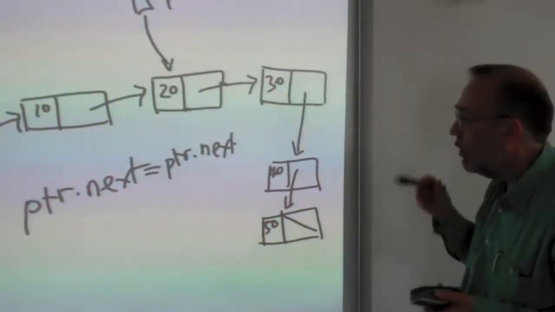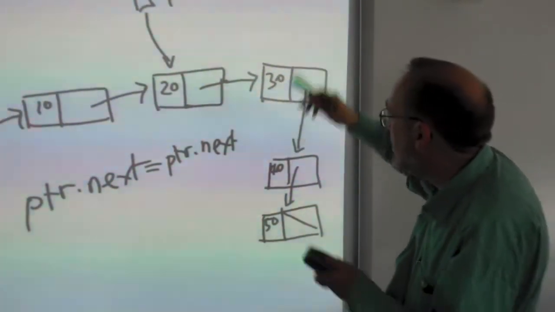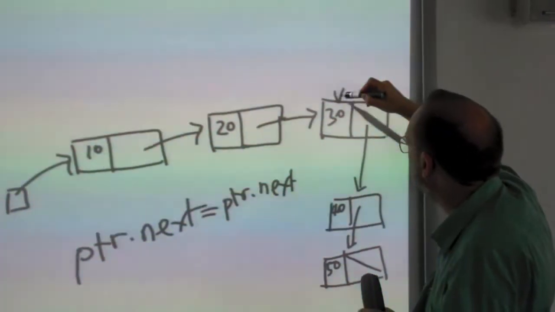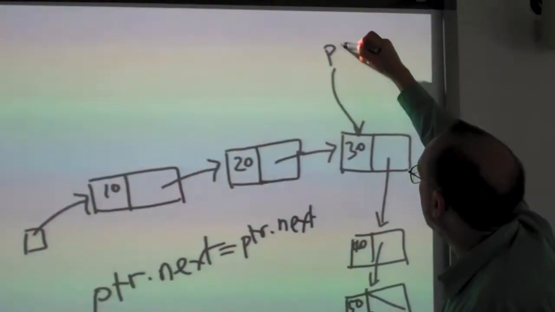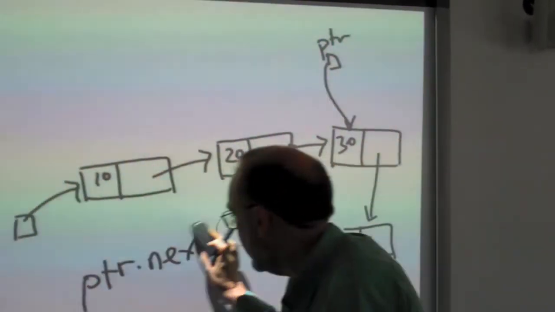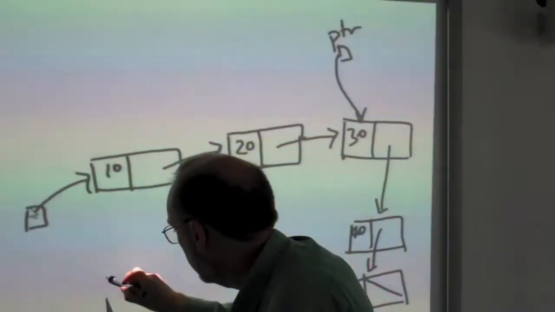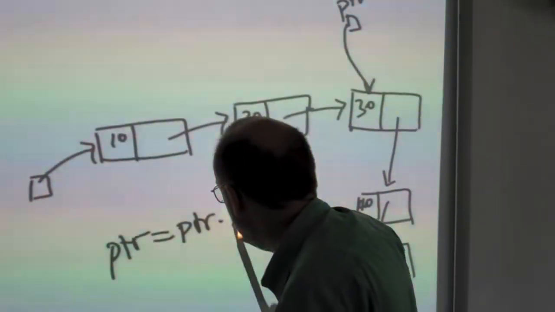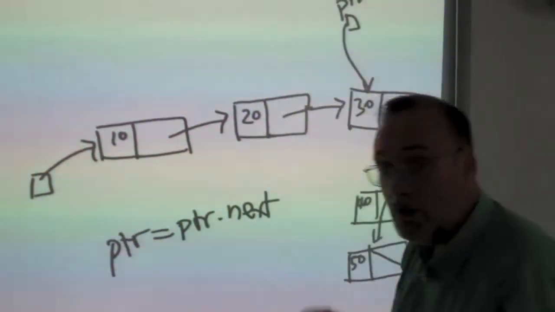Okay, just to see, why can't we have pointer here, and then just say pointer equals pointer next? Why won't that work?